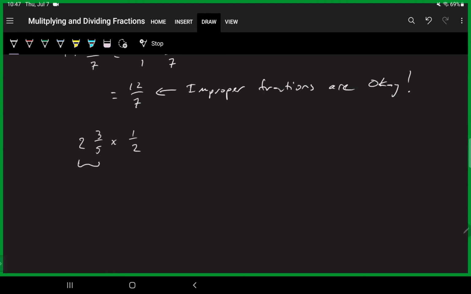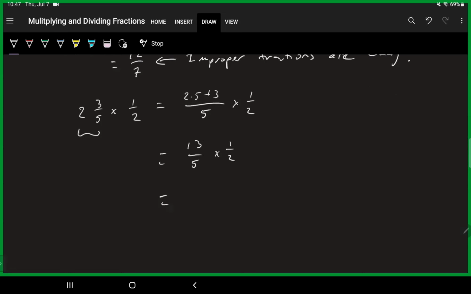So let's go ahead and convert. 2 times 5 plus 3, all over 5, using the trick we had learned in the last video. I'm going to multiply it by 1/2. And so I'm going to get 13/5 times 1/2, and my final answer is going to be 13/10. And that doesn't simplify any further. And again, improper fractions are okay.